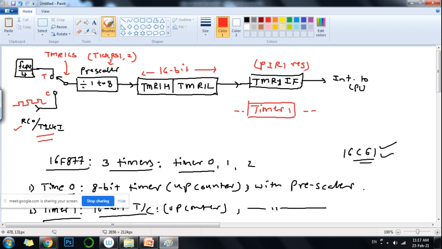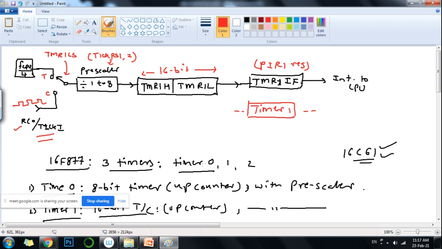As soon as this count overflows from FFFF to 0000, the corresponding timer flag will set and the CPU will be interrupted, provided the corresponding interrupt is enabled. We will see that this interrupt flag is available in a register called the peripheral interrupt register.